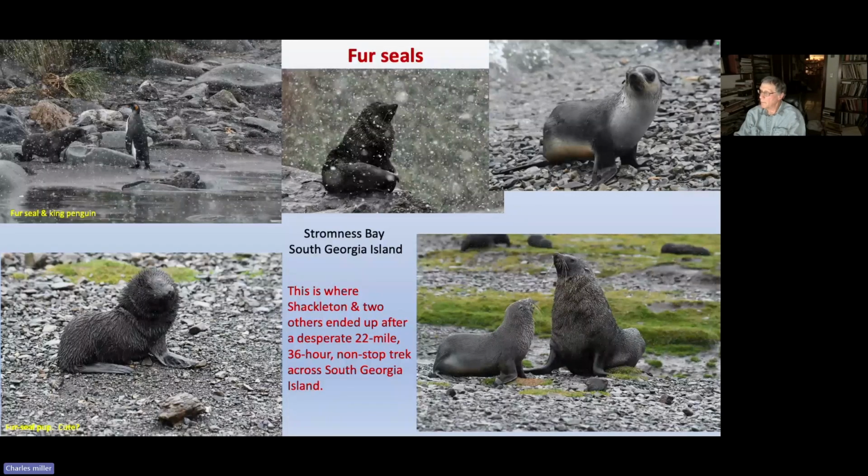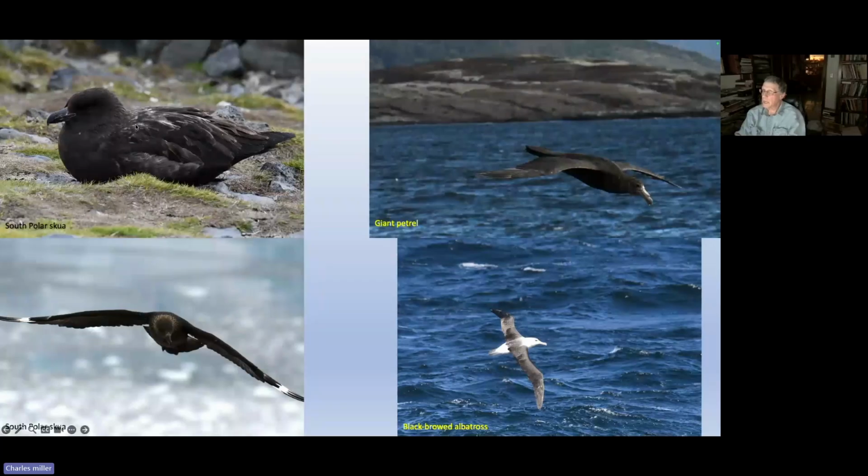And I was at Stromness, which again is on South Georgia. And I'm standing there, and right at my feet is this little fur seal pup, cute as anything. I backed away, and I'm going to be talking to you about a situation later on South Georgia, so I'll hold off on that. So here's the skua that I mentioned before.